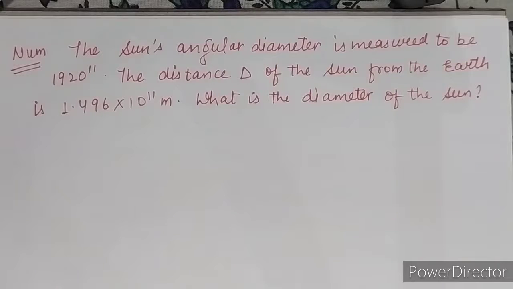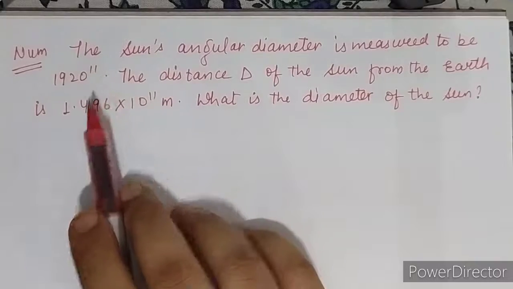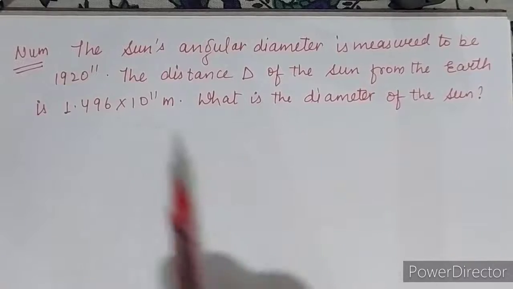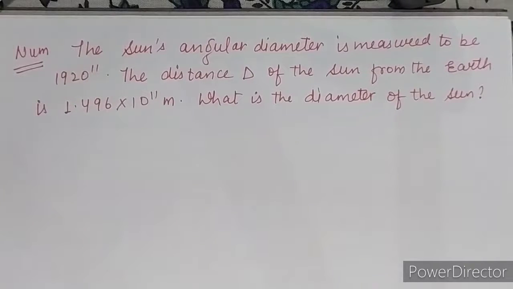Now the relation is d equals alpha times D. Alpha you have already calculated, and the D value is already given, so you can calculate the diameter. Here the diameter means the basis, the small d you have to calculate. Clear?